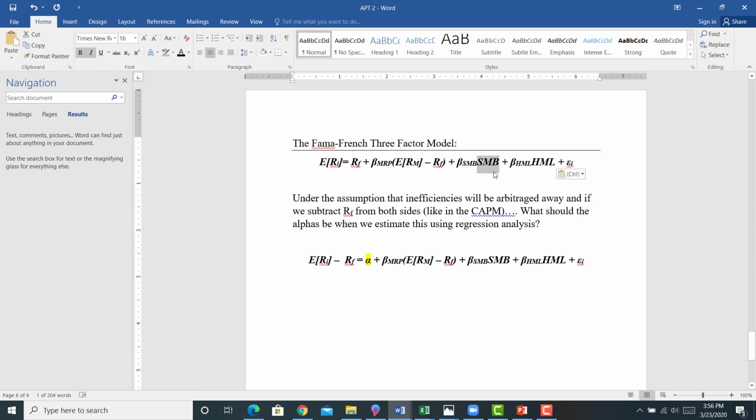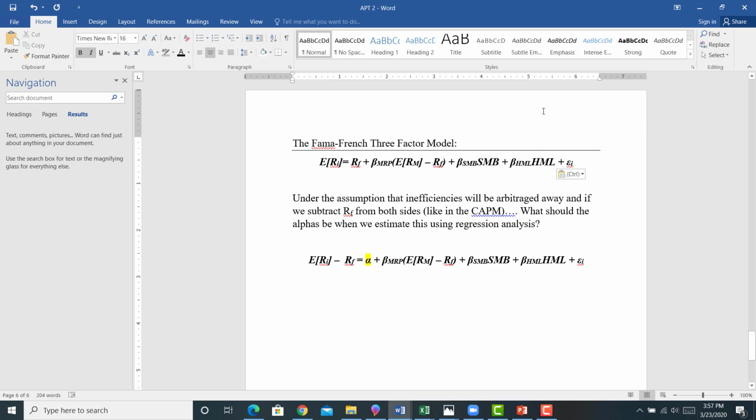the risks associated with small market cap, and through the idea that markets are efficient, we can include the small minus big risk factor as a systematic risk factor that captures the small minus big return premium. Likewise, the high minus low.